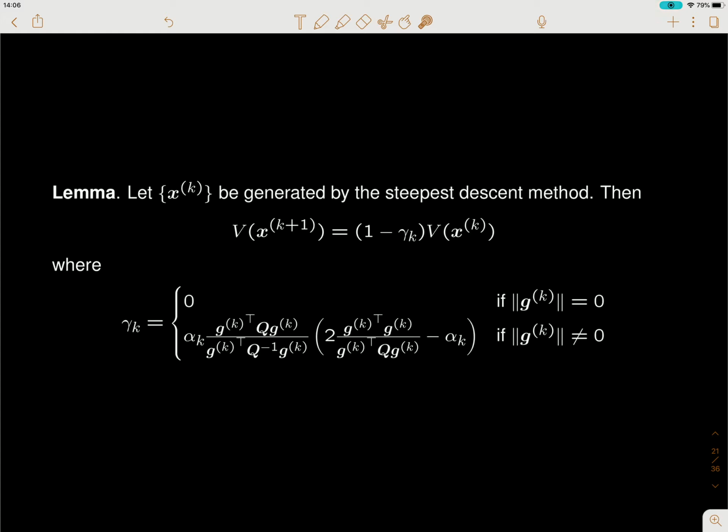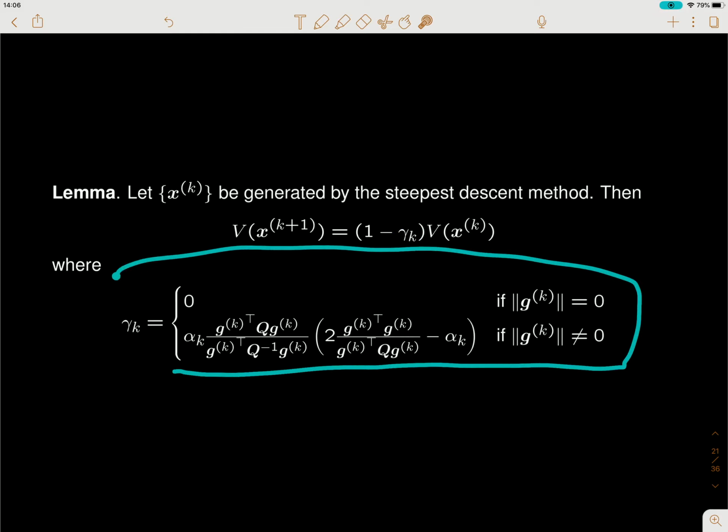Okay, but we can show that when you apply the stabilization algorithm to this method, we'll get the gamma k here with this closed form expression. So this says that if the gradient is 0, then the gamma k will be just 0.